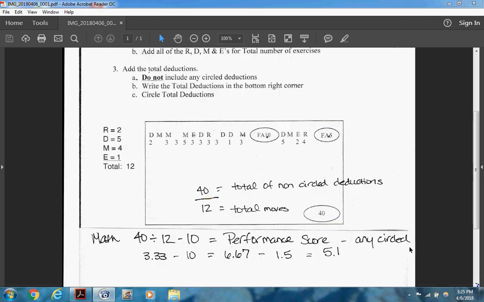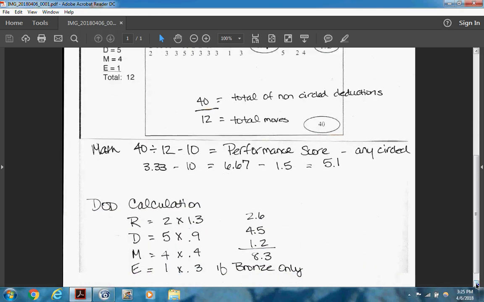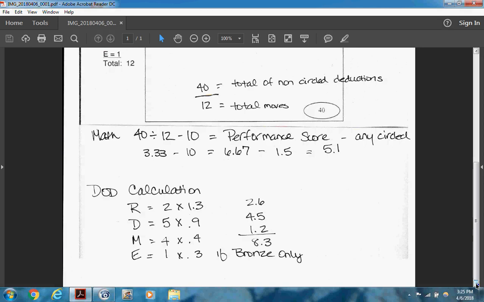degree of difficulty chart. So I'm actually going to scroll down a little bit because I'm going to show you what the values are. We are going to assume that this is a silver freestyle, which in that case, only the top 10 degree of difficulty moves will count towards that score, and easy moves do not count towards this score in silver and above.